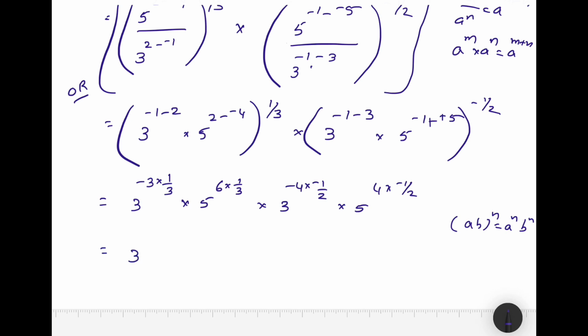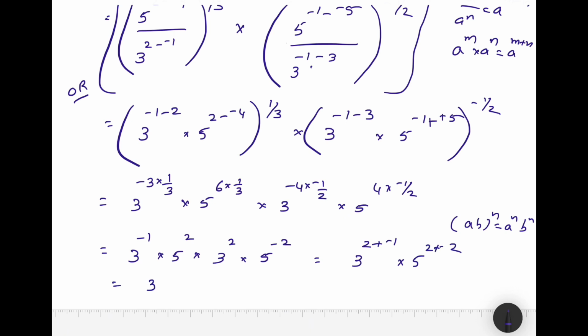Now this will become 3 to the power of minus 1 into 5 to the power of 2 into 3 to the power of 2 into 5 to the power of minus 2. This is equal to 3 to the power of 2 plus minus 1 into 5 to the power of 2 plus minus 2.